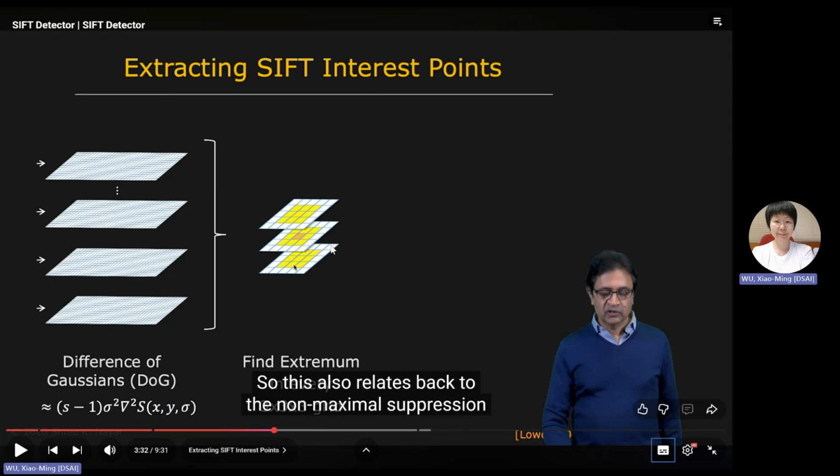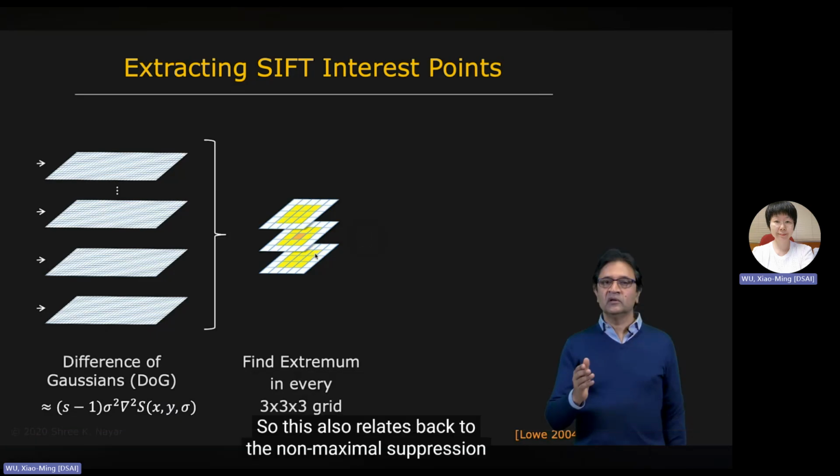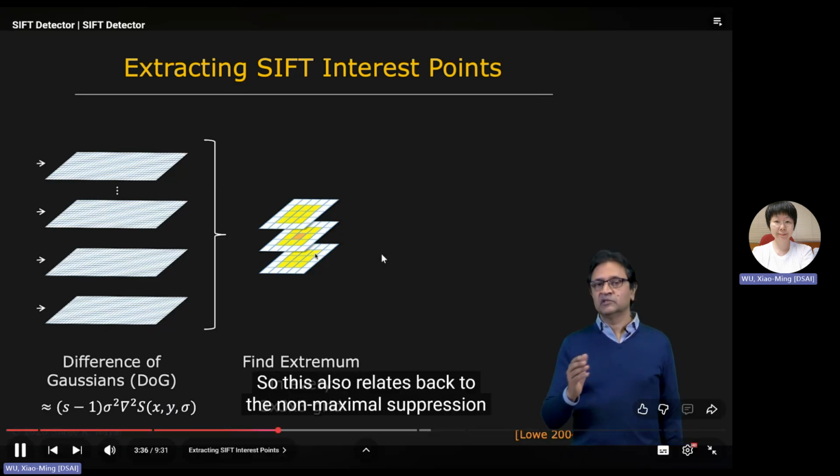We slide this cube across the pile of images, and we see whether the center of the cube is an extrema. If it is, then it is an interest point, using non-maximal suppression.